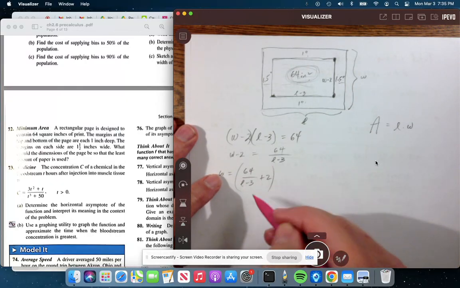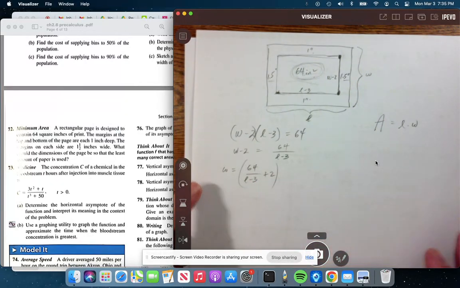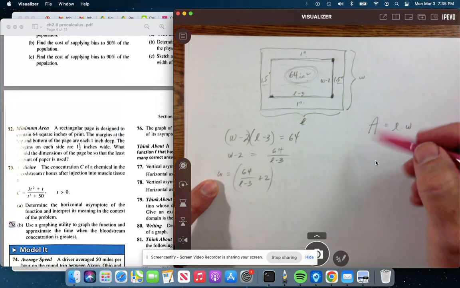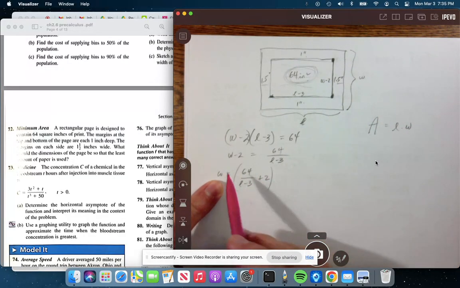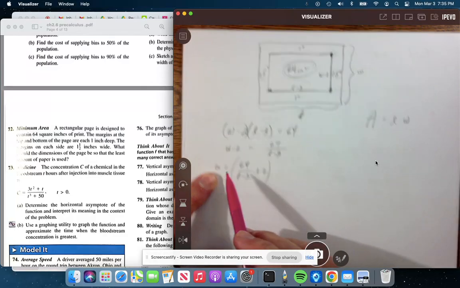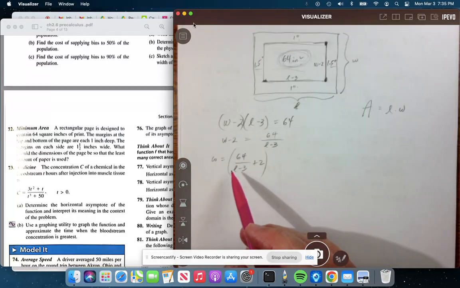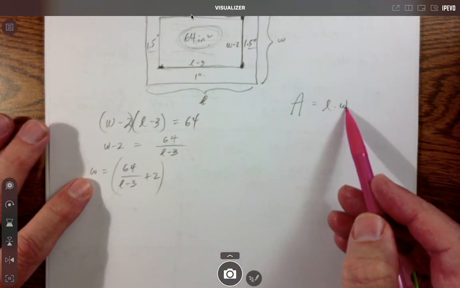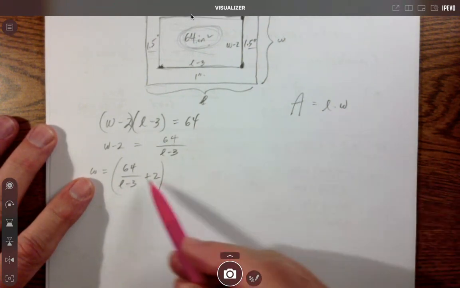Okay, so now I've got an expression for W. Right? So the expression for W is now in terms of L, isn't it? So I'm going to replace that W with this expression.